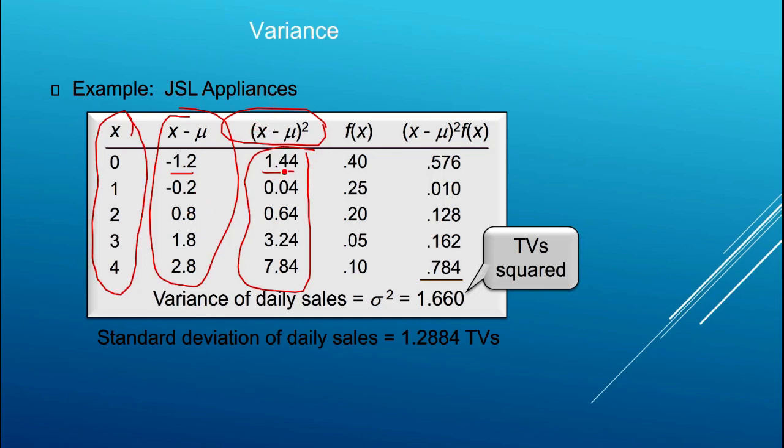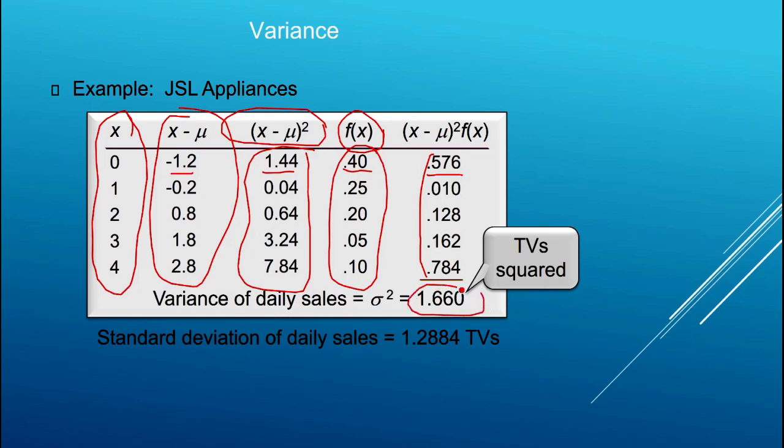I take each one of these squared deviations and I weight it by the probability of it occurring. That shows up here as the relative frequency, or our probability function. So I take the 1.44, for example, and multiply it by 0.4, and I get 0.576. Once I have done that for every one of the values of the squared deviation from the mean, I get the last column in the table, and I add all of them up, and that gives me the variance.